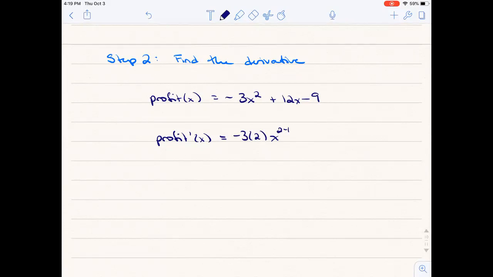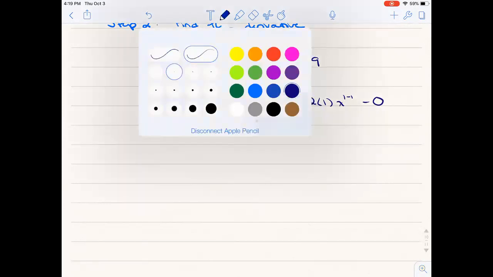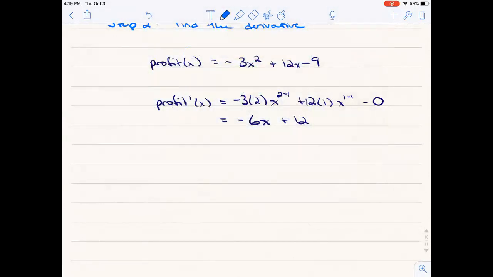If you just write x, that's fine. Plus 12 times 1 times x to the 1 minus 1 minus 0. I get negative 6x plus 12. I guess I started writing these steps in a different color, so I'll try to keep that going.